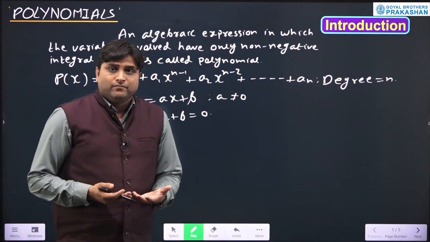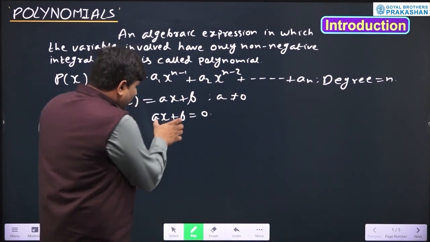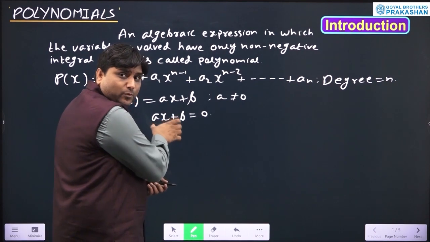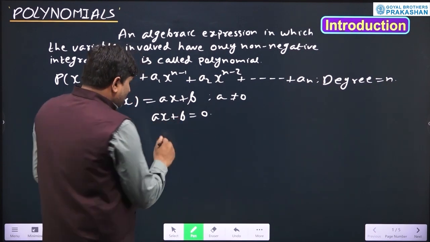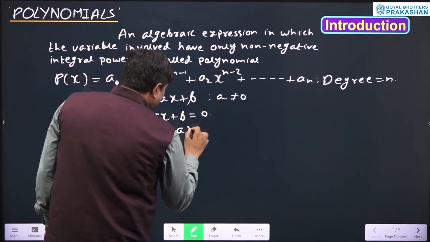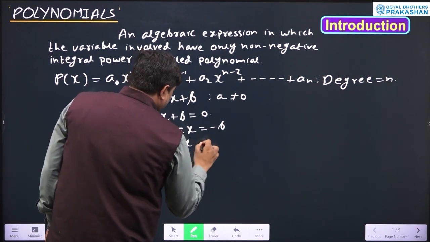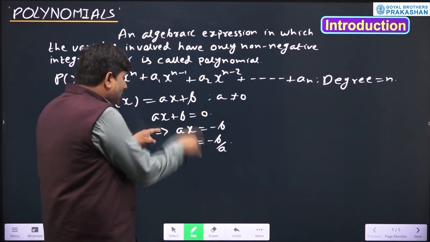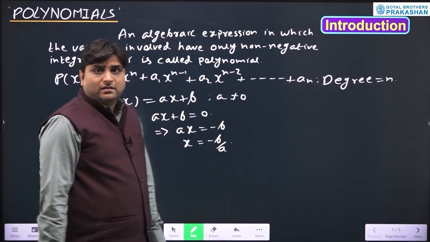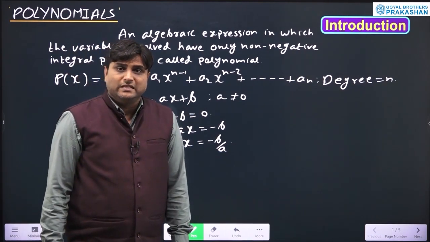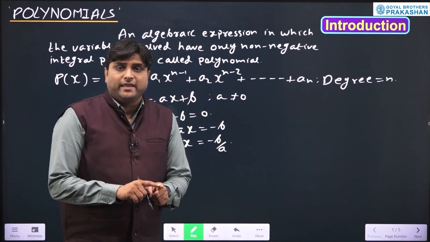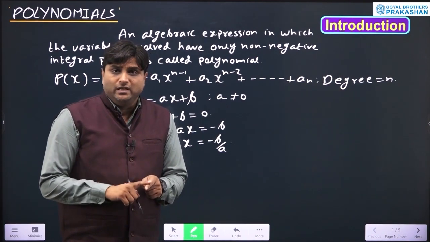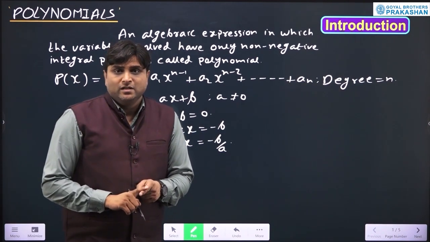We want that value of x for which the whole value of the polynomial becomes 0. So this implies ax is equal to minus b and x is equal to minus b by a. It means if we put x is equal to minus b by a, then the value of the polynomial becomes 0.